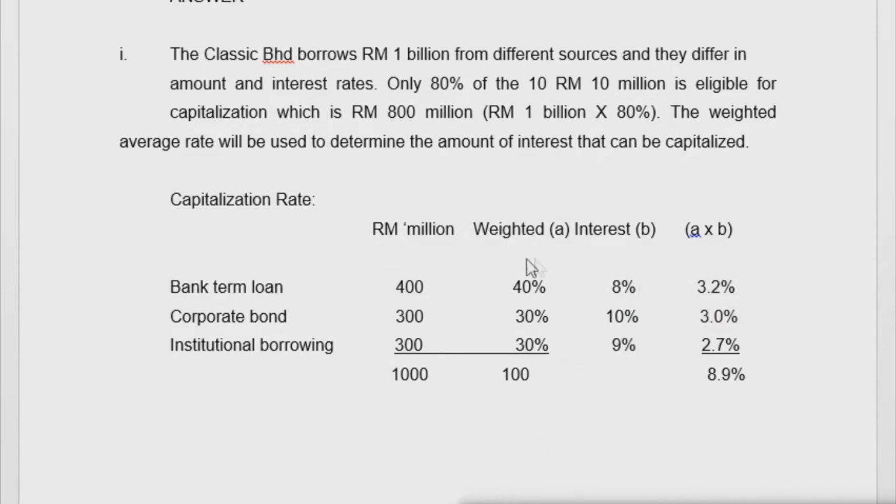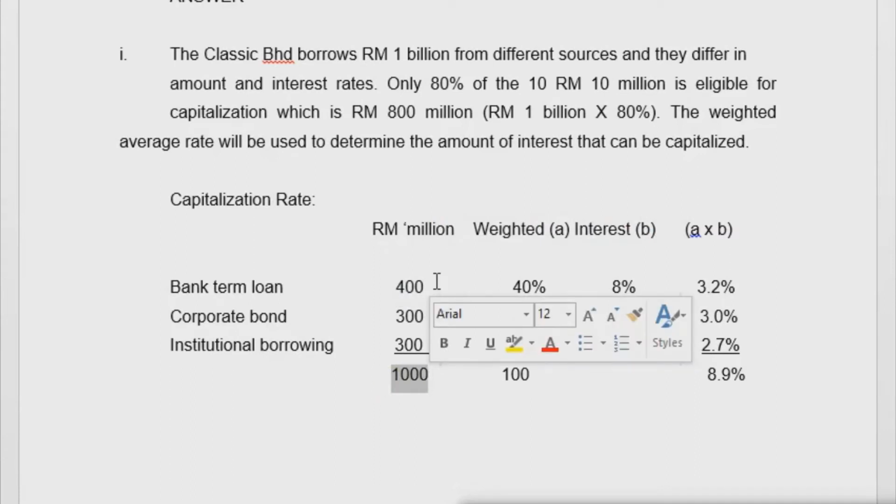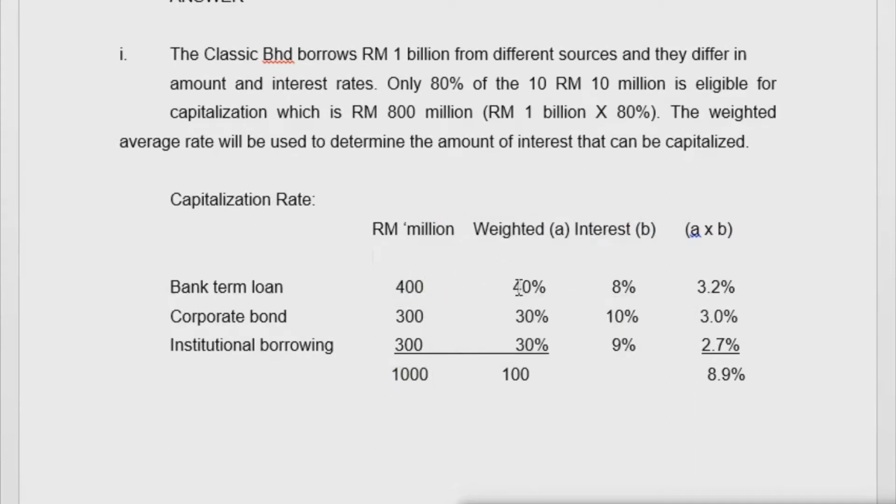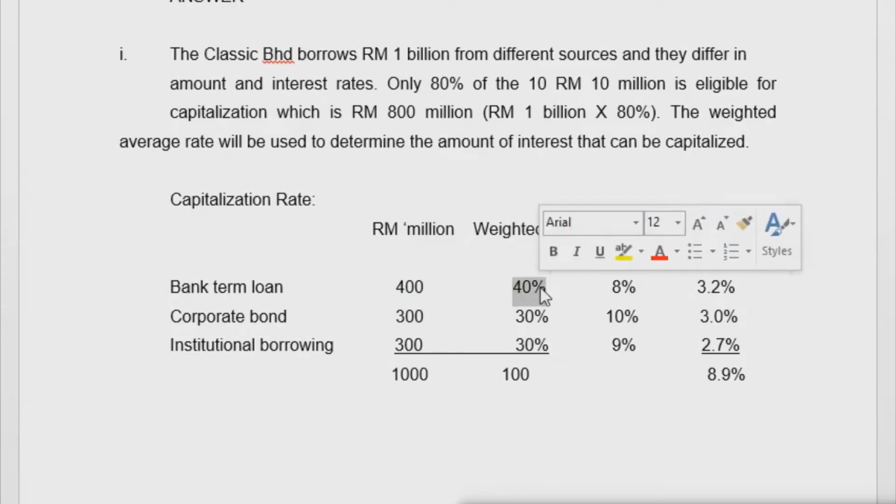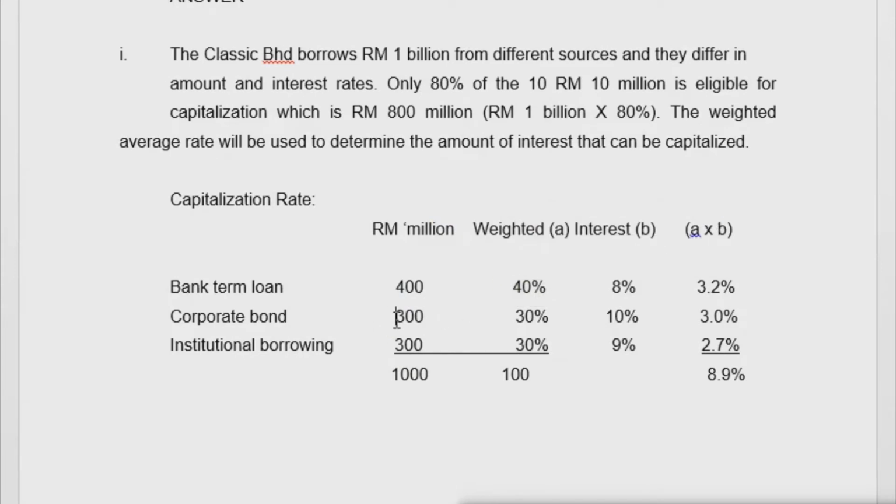Then to get the weighted average, for example, the bank loan is 400 divided by 1000 times 100%. So the weighted average for the bank loan is 40%. For the corporate bond, it's the same thing, 300 divided by 1000 times 100%, so we get 30%. Same as institutional borrowing, 300 divided by 1000 times 100%, we get 30%.